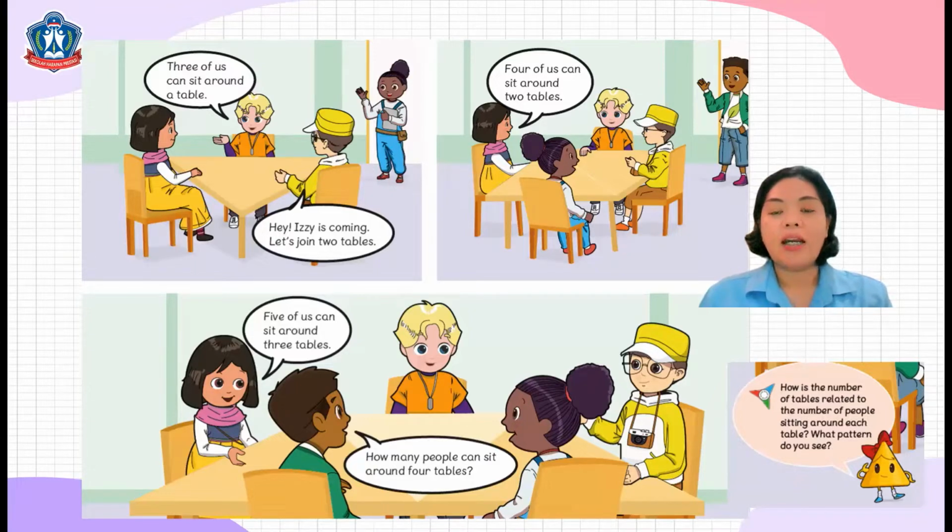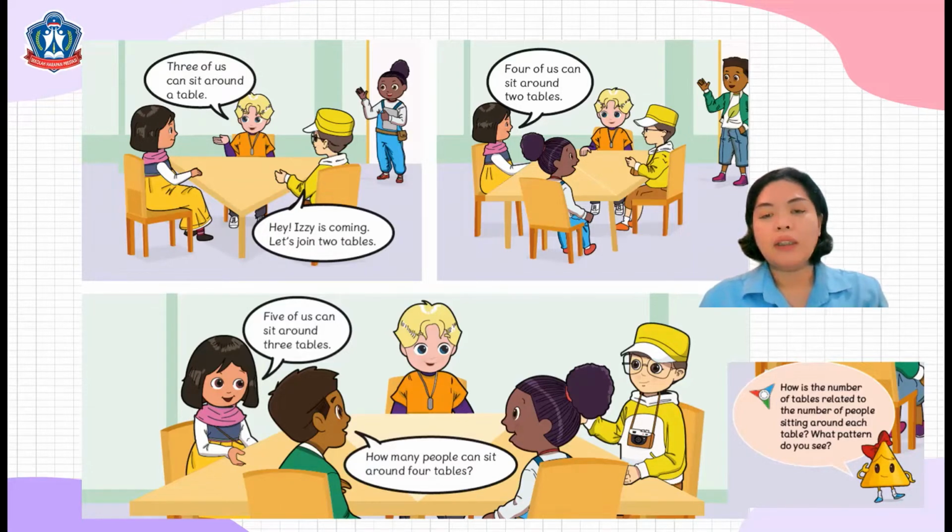Yes, there are four children because it forms a square, right? How about if there are three tables already? How many children can sit? Yes, there are five. So five children can sit with three tables that are formed together.